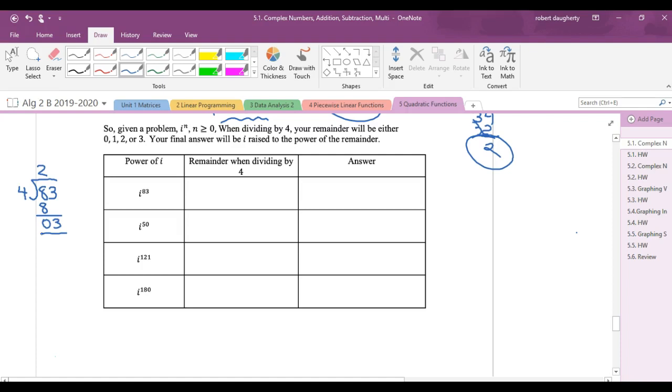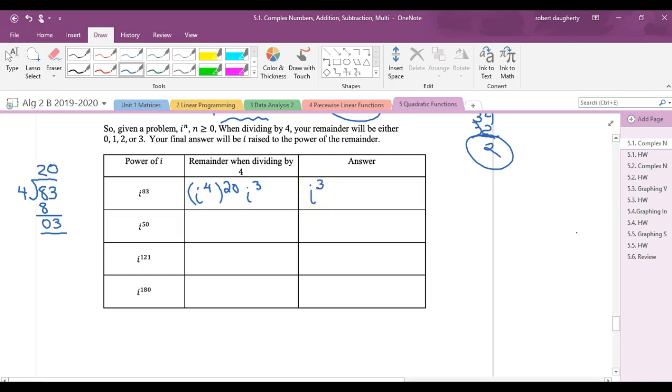Remainder is 3, okay? So I can write this as i to the 4th to the 20th power. It's 80, so I'm left with what? 3 of them, okay? So i to the 4th is 1, 1 to the 20th is 1. This is just i cubed, okay? So this answer is i cubed.